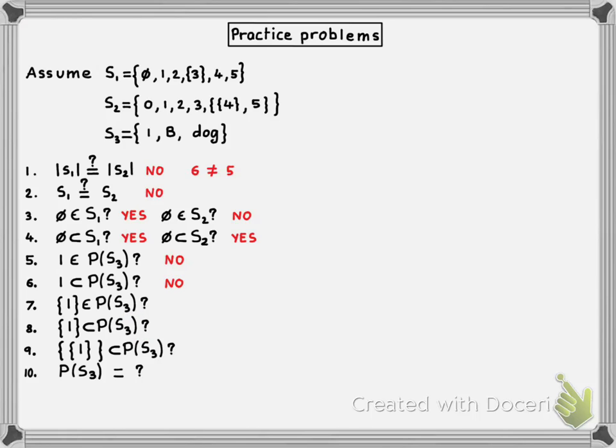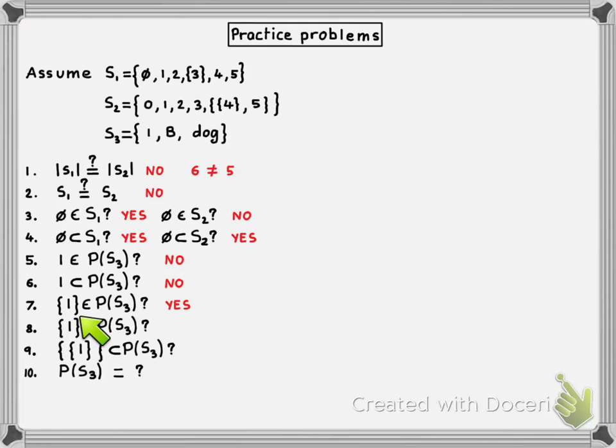So let's look at S3. Is the set containing 1 a subset of S3? And the answer is yes, since 1 appears here. Therefore, the answer to problem 7 is yes. So again, the way to check this answer is to realize that the set containing 1 is indeed a subset of S3.